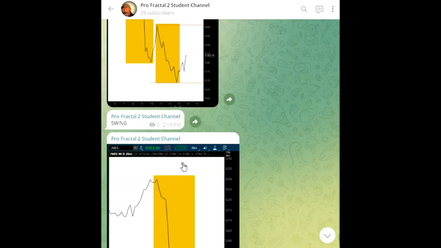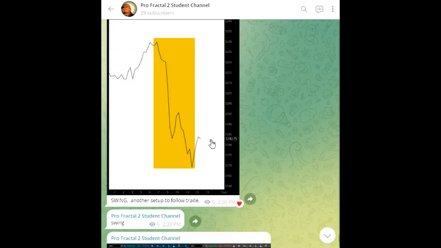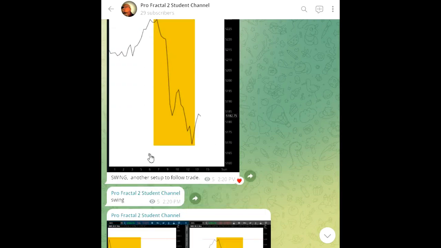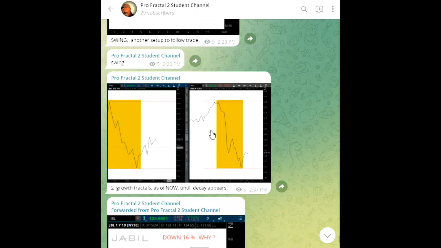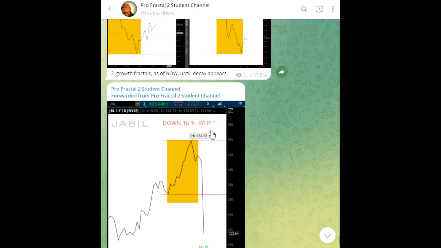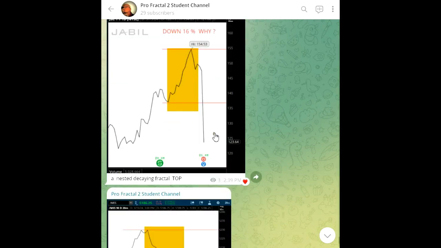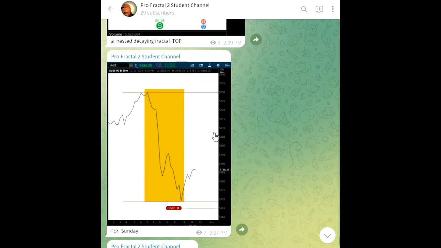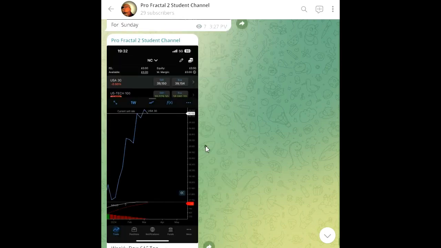You have to swing from time frame to time frame, and keep swinging to follow the setup on the trade. There's our stock again, 16% down. And there's another entry point there for Sunday. I explained that in an earlier video.